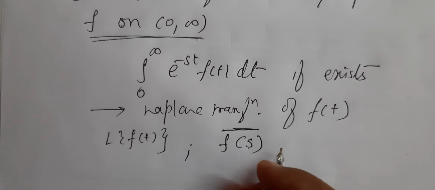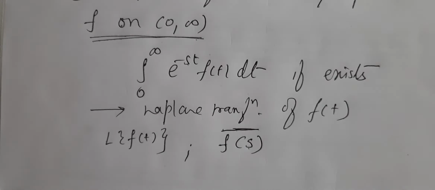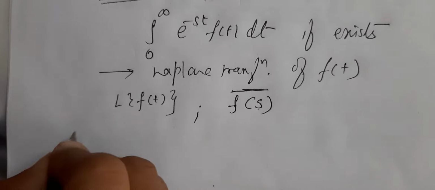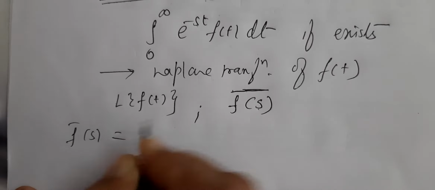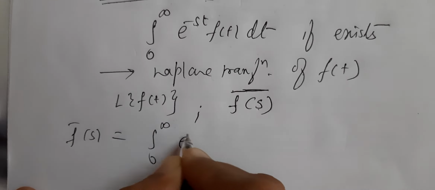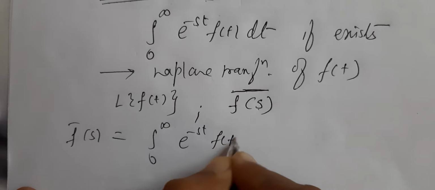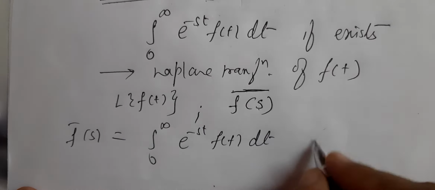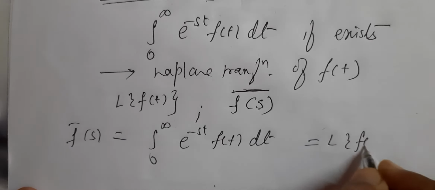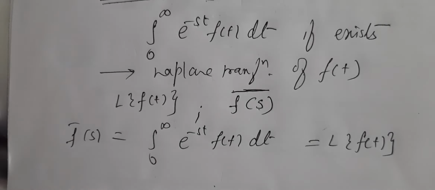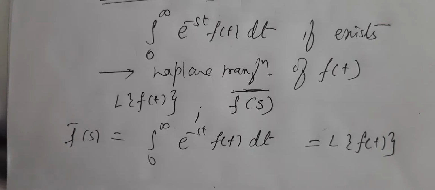This is another notation. So in short, f bar of s is the integral from 0 to infinity of e raised to minus st f(t) dt. It is also denoted by L of f(t). So this is the basic definition of Laplace transformation. Now I will first tell you which are the standard functions whose Laplace we are going to find.